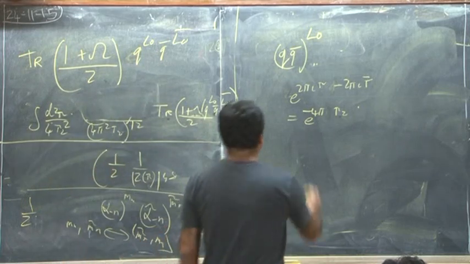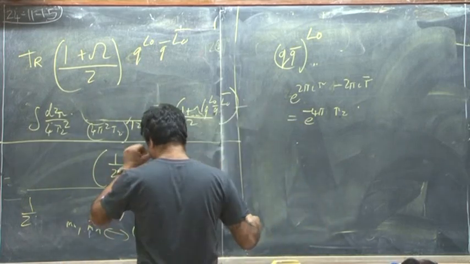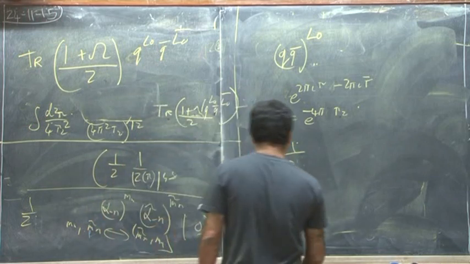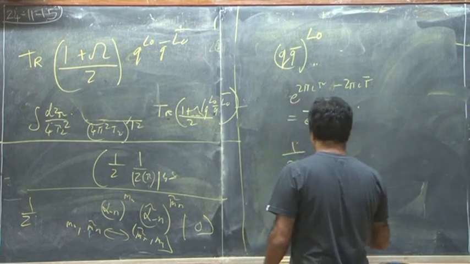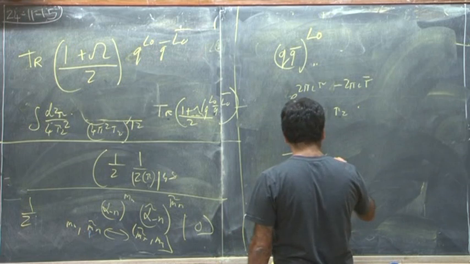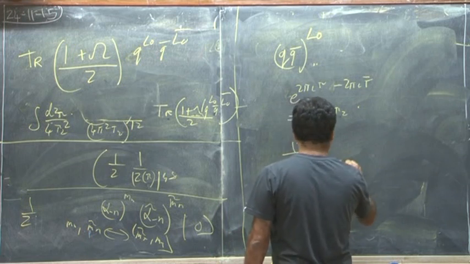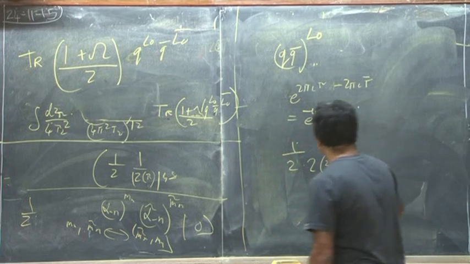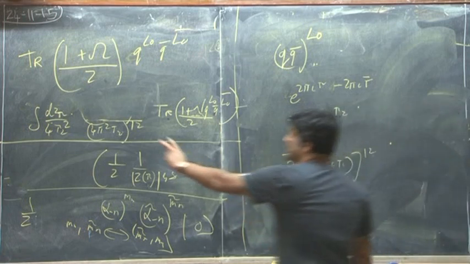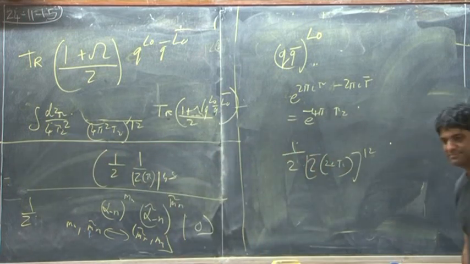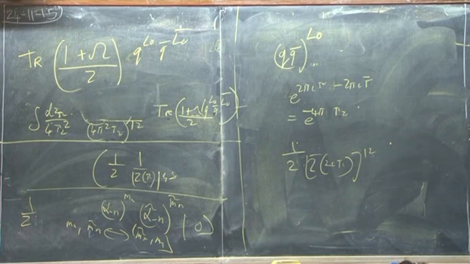So this part of the partition function becomes 1 over 2 eta of 2i tau 2 to the power, and then this comes to that. Is this clear?